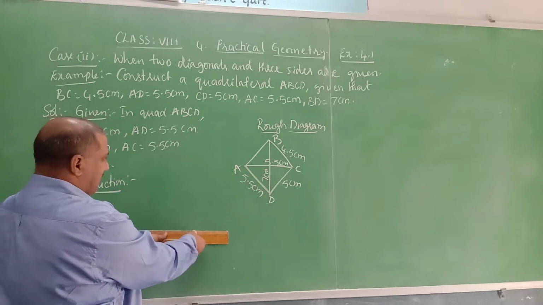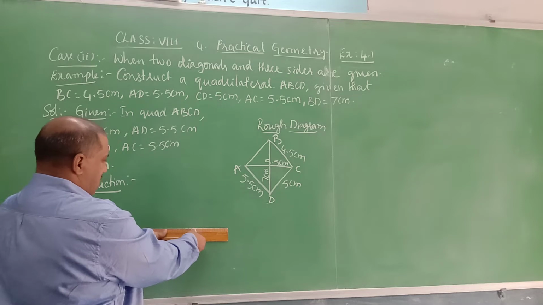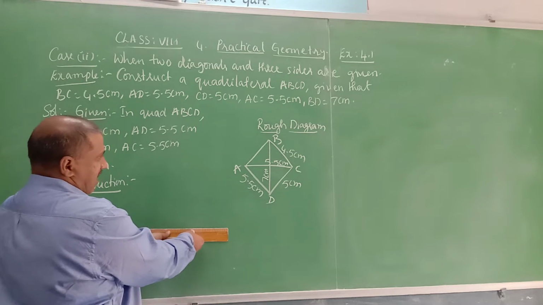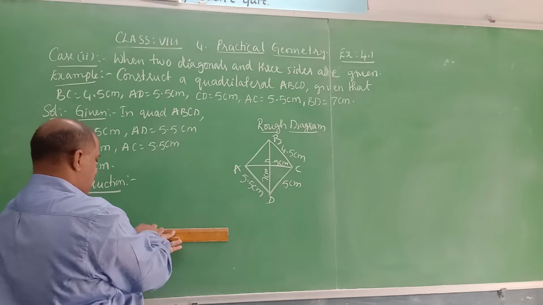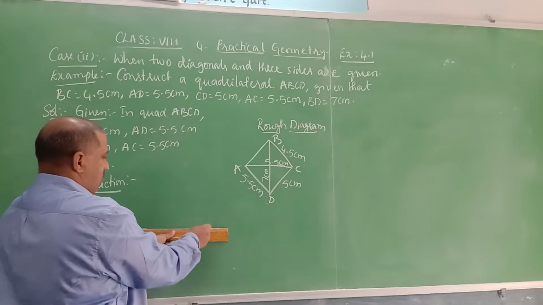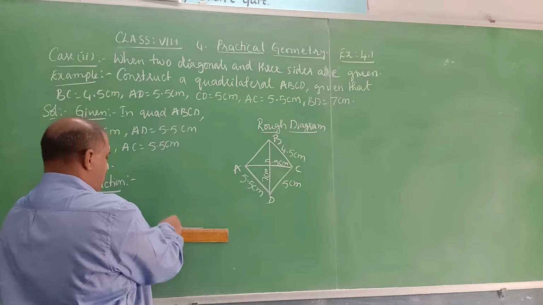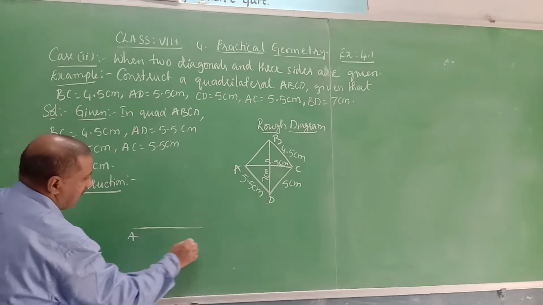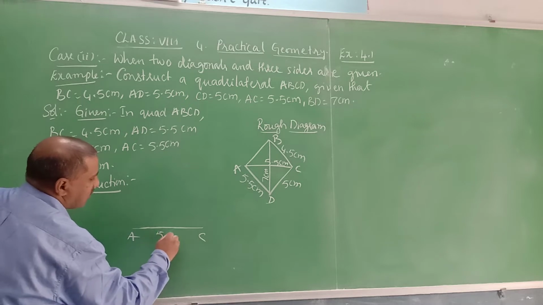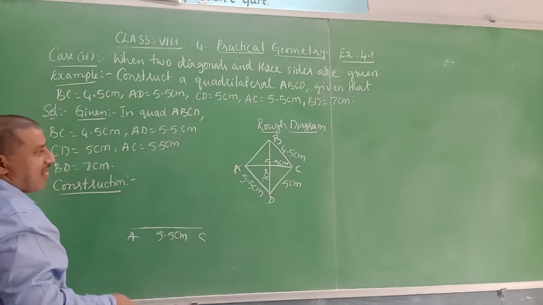The diagonal AC is equal to 5.5 centimeters.